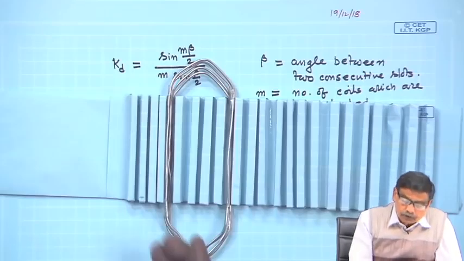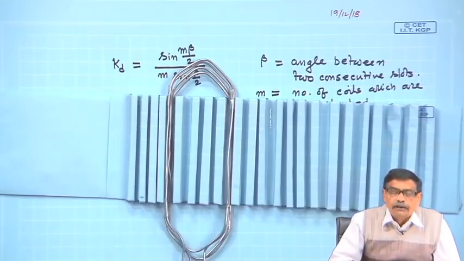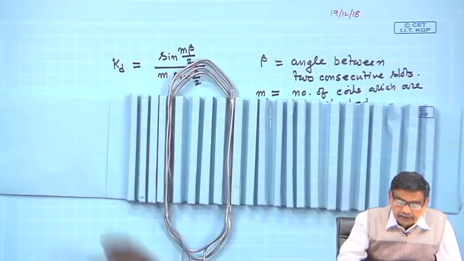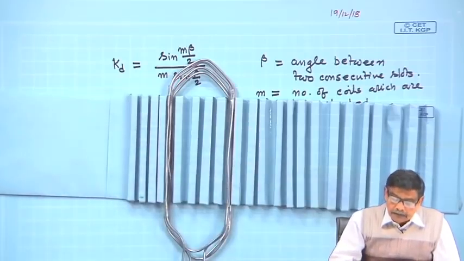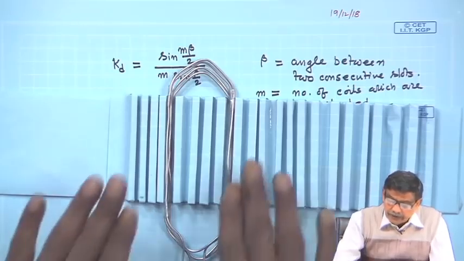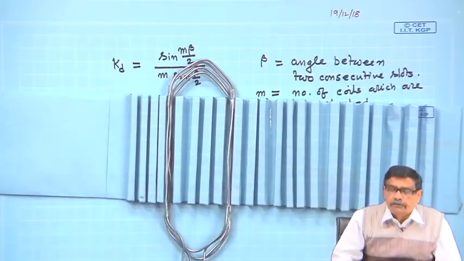Therefore, the total number of turns will become 4, as if it is a multi-turn coil with 4 turns. Now, the rest of the slots are underutilized, nothing is there.